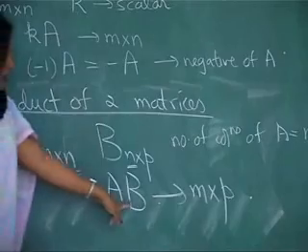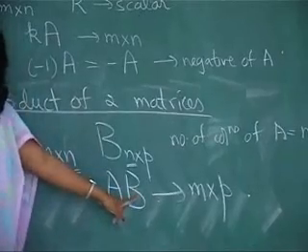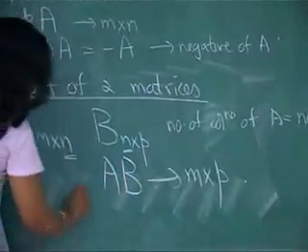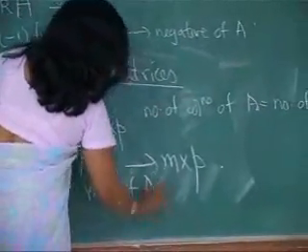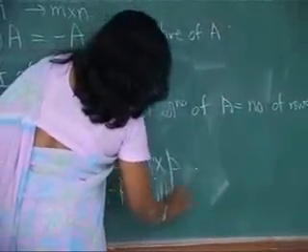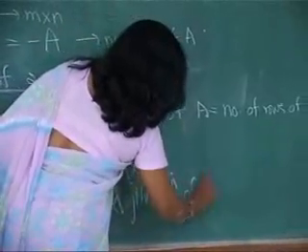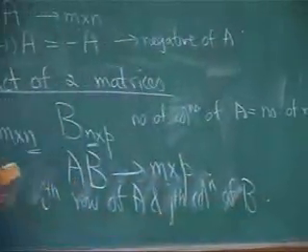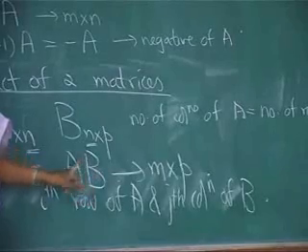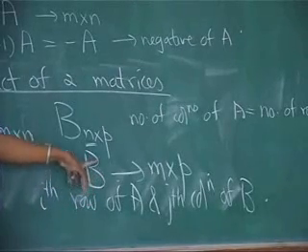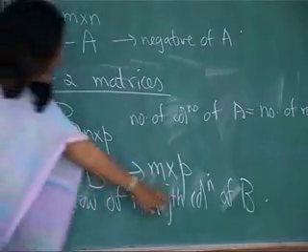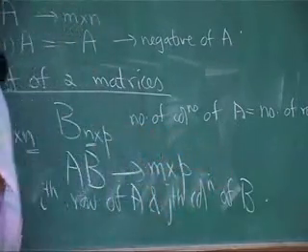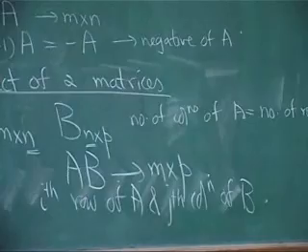To get the elements of this product, one has to take the ith row of A and the jth column of B. So to get the ijth element of the product, select the ith row of A, jth column of B, so that it will look somewhat like this.